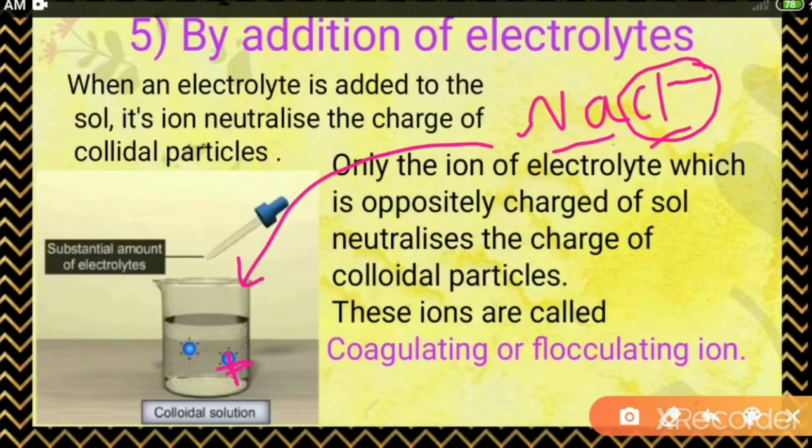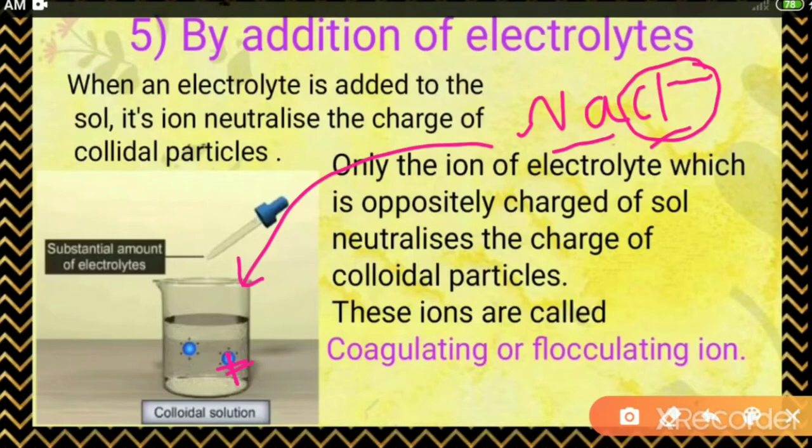So it is said that a particular ion of the electrolyte, the one oppositely charged to the sol, neutralizes the charge of the colloid. Such an ion is called the flocculating ion.